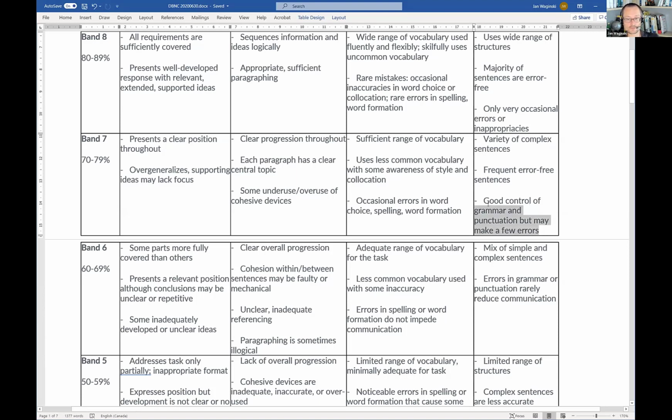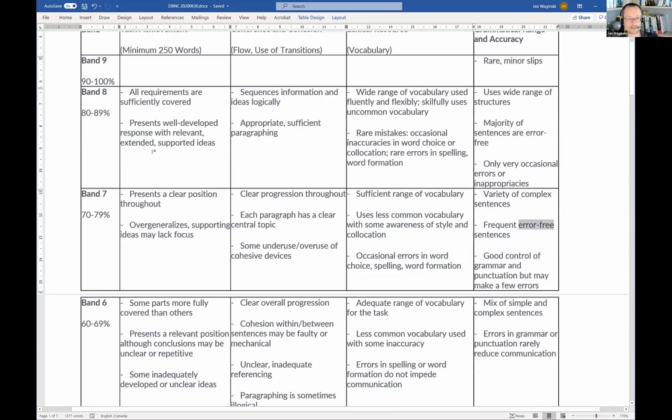You can have a few mistakes, but they can't cause confusion, and you need a lot of error-free sentences. Error-free sentences means no problems with verb tenses, no problems with articles. So if you're constantly having problems with the, or no article, it's going to reduce your chances of getting a 7. It has to be error-free. They take that literally.